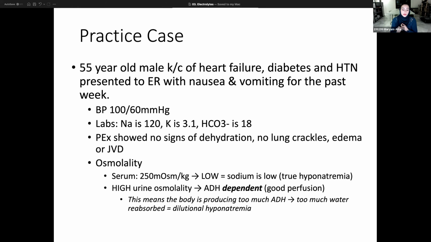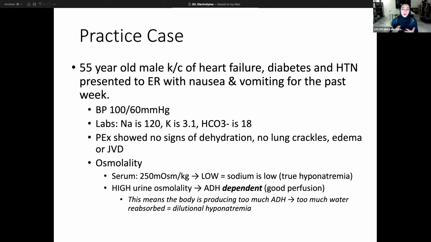So the patient is euvolemic. And euvolemic with high urine osmolality is going to tell you that this is an ADH dependent cause, most likely because you're producing way too much ADH. Why? Because this patient isn't displaying any features of heart failure or Addison's or, like adrenal crisis, those things. So it directs our clinical view to think, okay, this is SIADH.